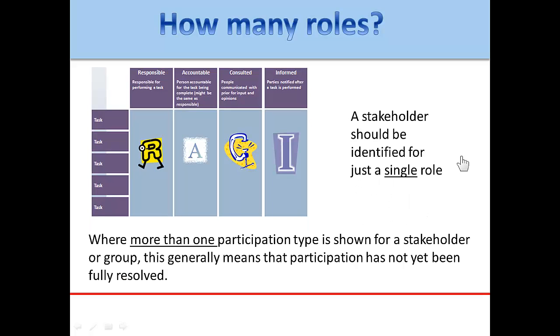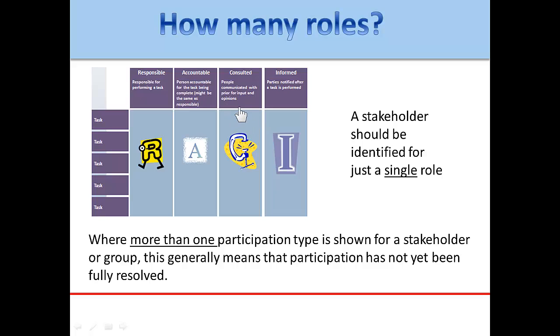The answer is that a stakeholder should be identified for just a single role, even though we said that there can be multiple people in the informed and multiple people in the consulted columns. You shouldn't have any crossover between the two. You shouldn't see somebody's name in both of these. Every person should be in one column only.